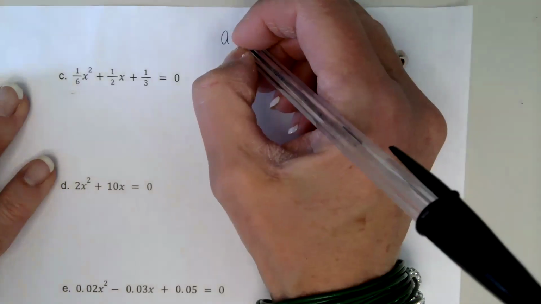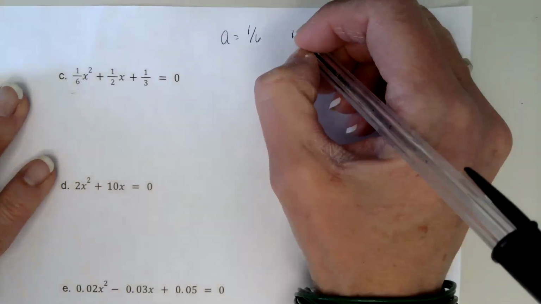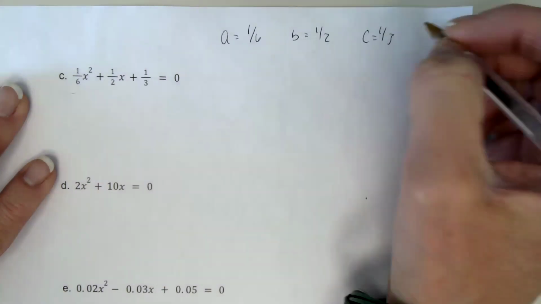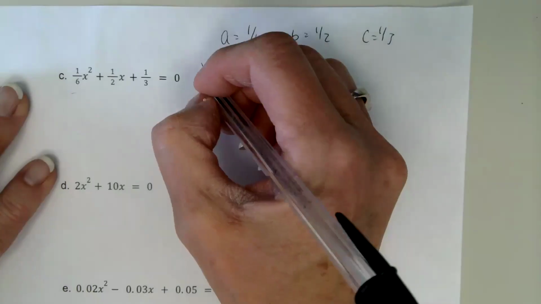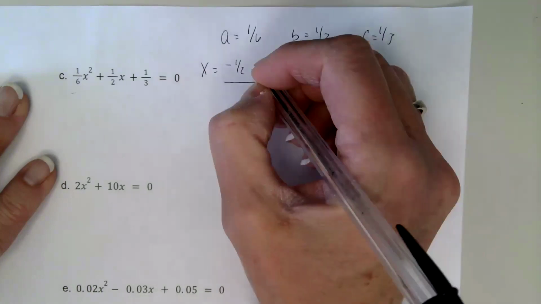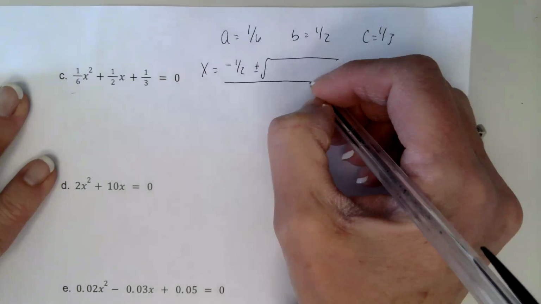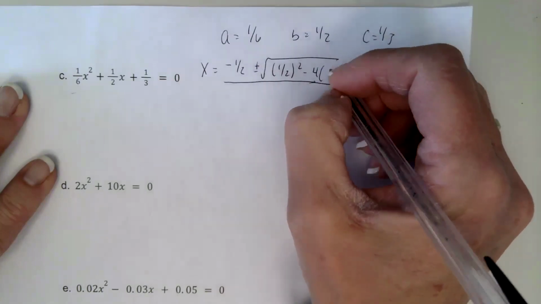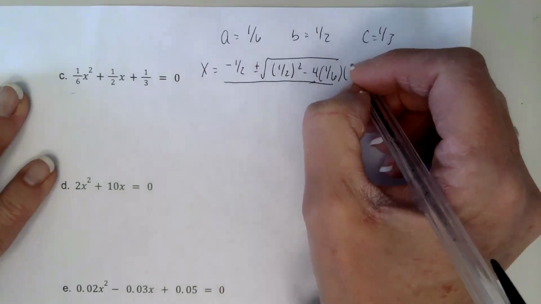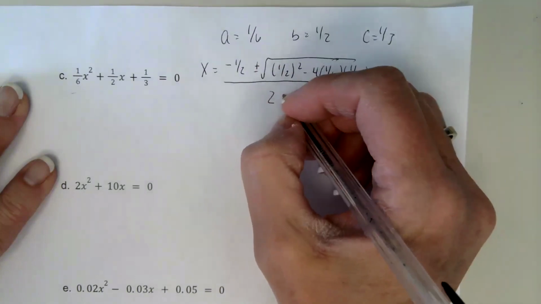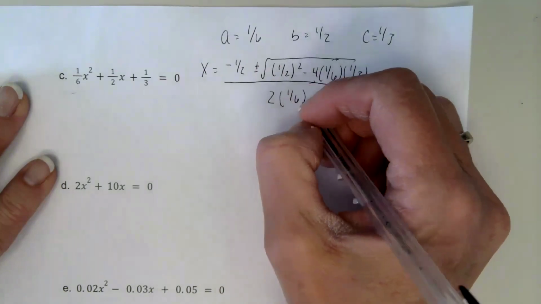So a is 1/6, b is 1/2, and c is 1/3. So x is equal to the opposite of b, so the opposite of the negative 1/2, plus or minus the square root of b squared minus 4 times a is 1/6 times c is 1/3, all over 2 times a is 1/6.